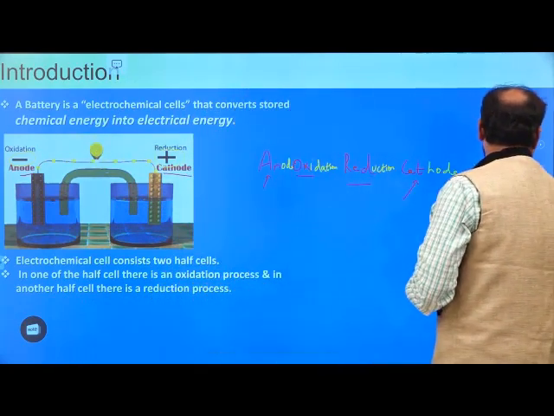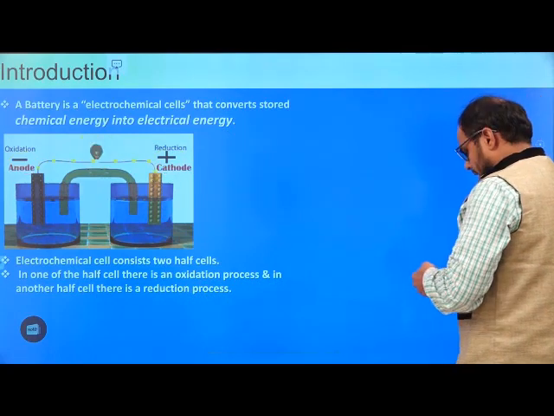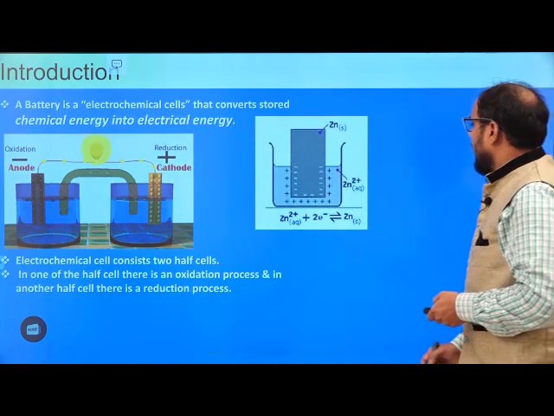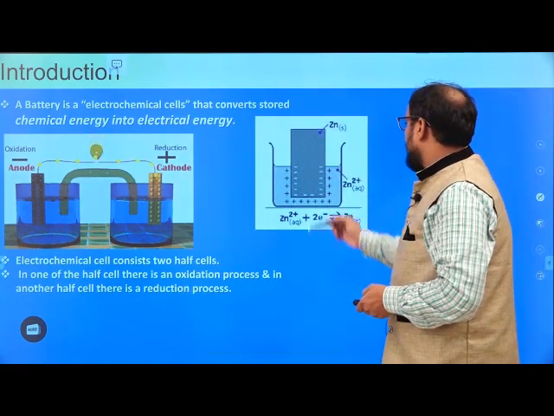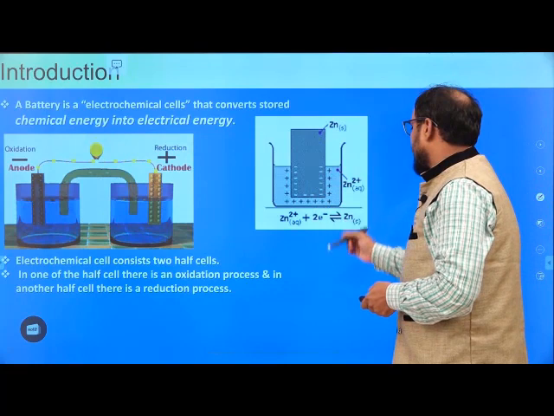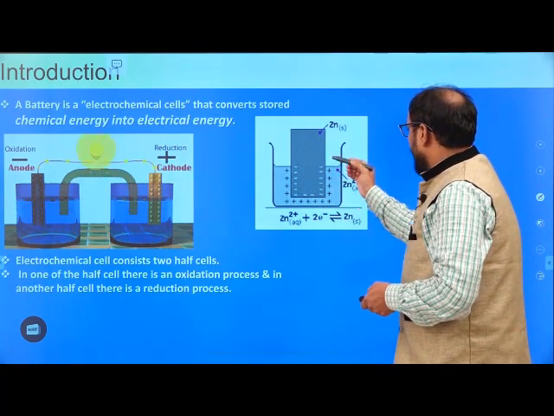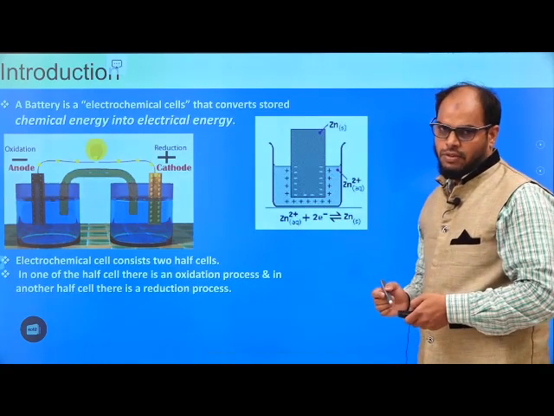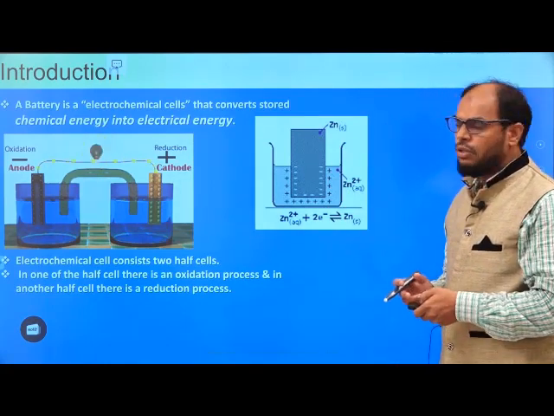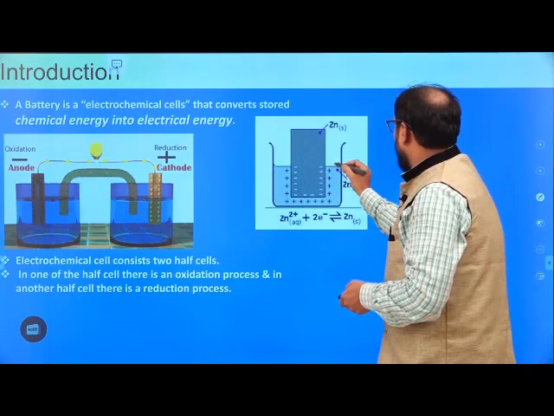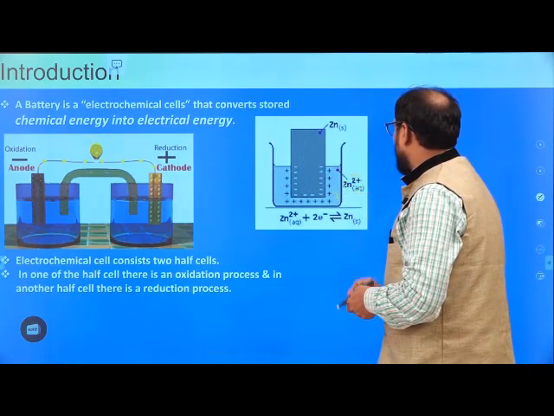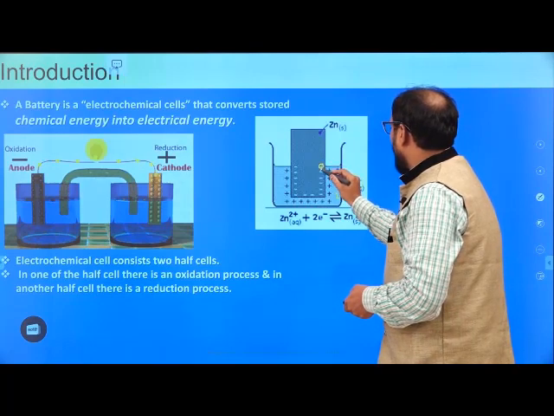To understand that, let me show you a small PPT. Suppose we have a zinc metallic strip dipped in zinc sulfate. Whenever we dip the zinc in zinc sulfate, zinc has more tendency to lose electrons. So the zinc ion comes out as Zn2+ and goes into the aqueous solution, and we have the electrons at the periphery of the metallic strip.